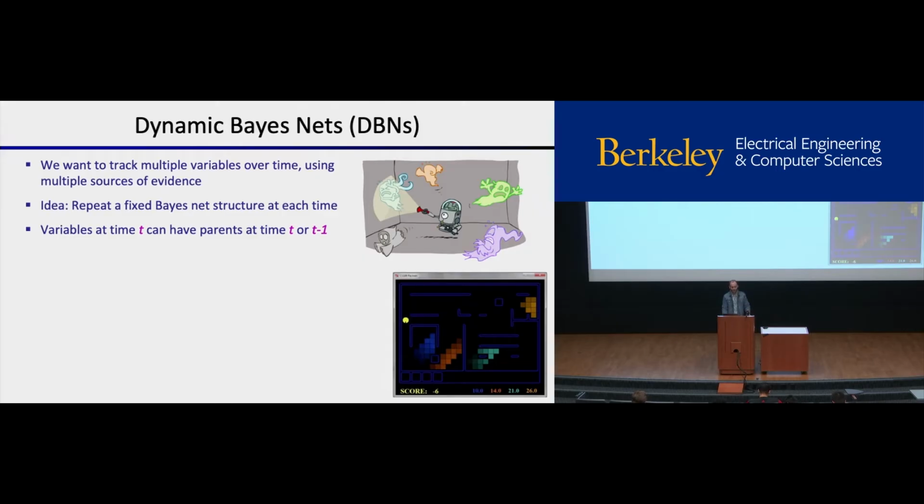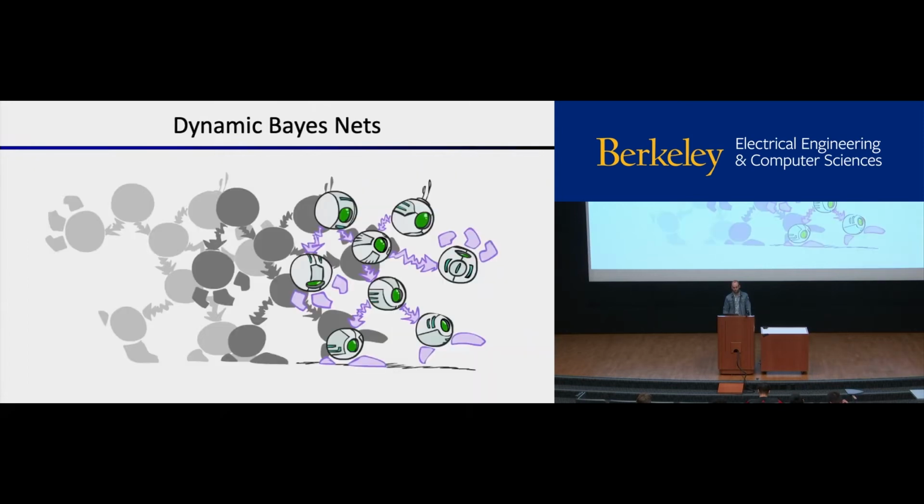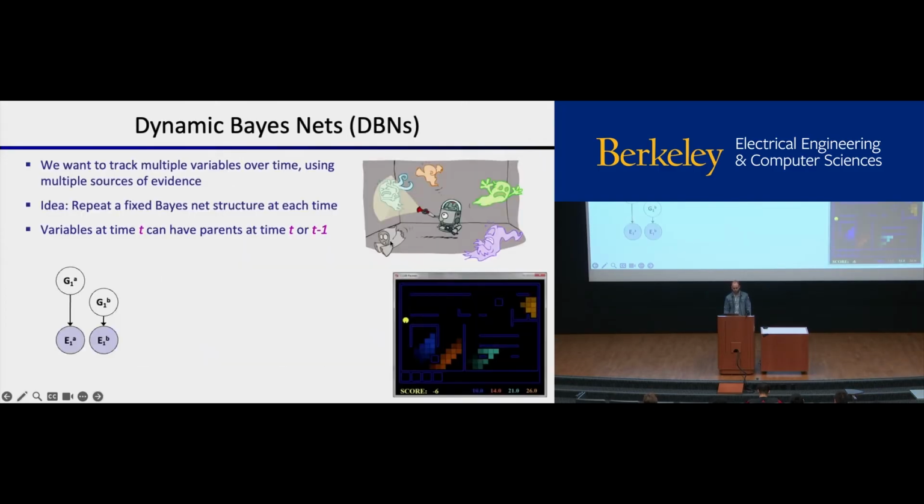So the idea is to repeat a fixed Bayes net structure at each time, and the variables at time t can have parents either in time t or at time t minus 1. So maybe this picture makes a little more sense. Here's the slice of the dynamic Bayes net at time 3, I guess, and it can have parents in the same slice, or, and this isn't really pictured, it could have parents in the slice before. So here are some hidden variables, and here are some evidence variables.